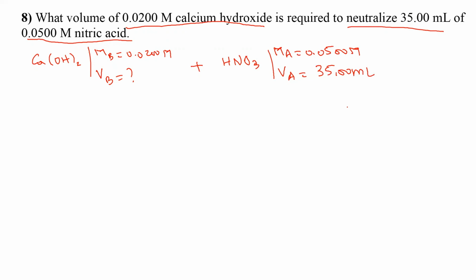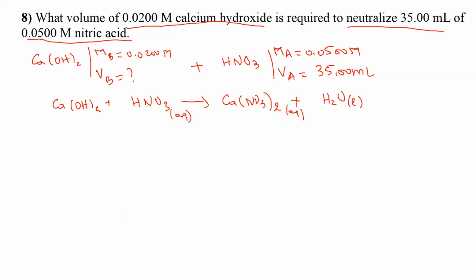What you should do first, write the molecular equation. So calcium hydroxide will react with HNO3 to give calcium nitrate plus water. Okay, and we know that this is aqueous. Anything with nitrate is soluble, aqueous. Okay, and this is dissolved.